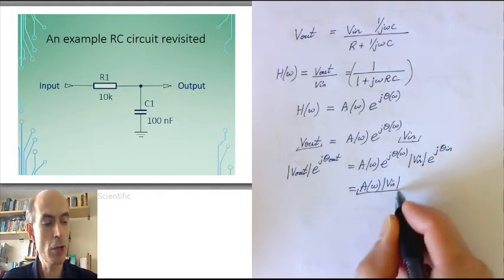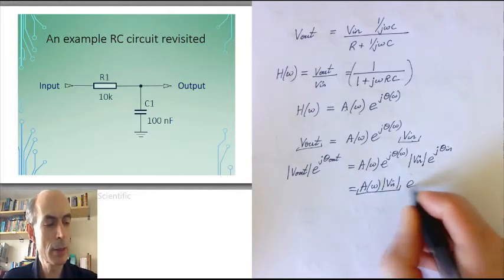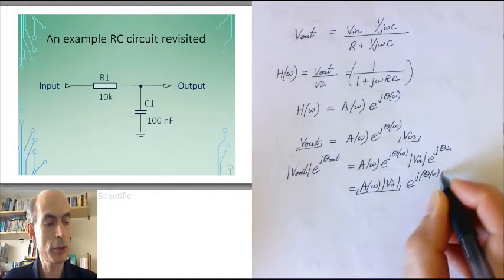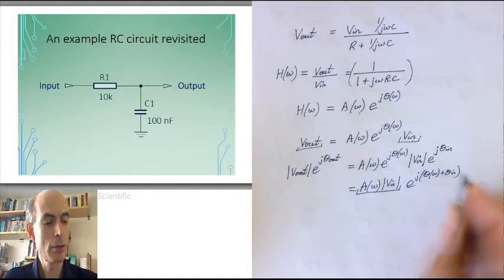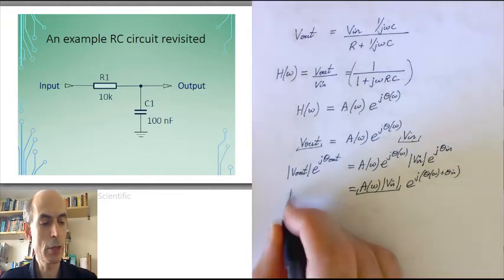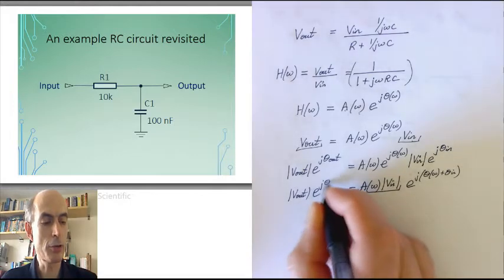That's two real quantities multiplied together, giving me a real quantity, times e to the j (theta of omega plus theta in). That's a real angle. This is a real function. That equals the modulus of V out times e to the j theta out.